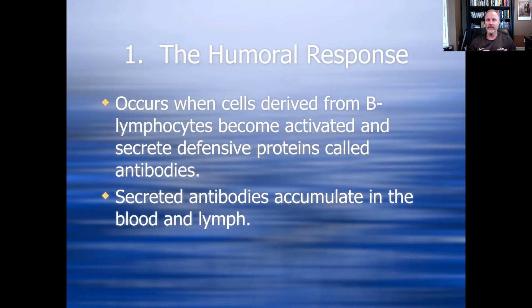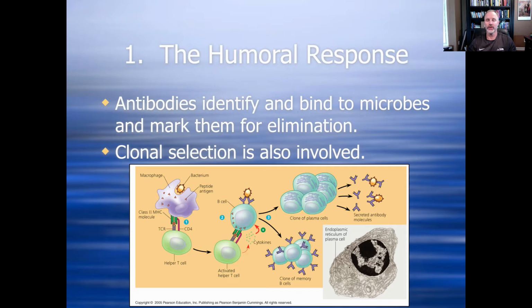When the B cells become activated, and we'll talk more about the activation process in a few minutes, they start to secrete these defensive proteins that we refer to as antibodies. So they become plasma cells that are secreting the antibodies, and these antibodies accumulate within the blood and the lymph, and they bind to certain types of antigens that are floating around the body and mark them for elimination from the body.